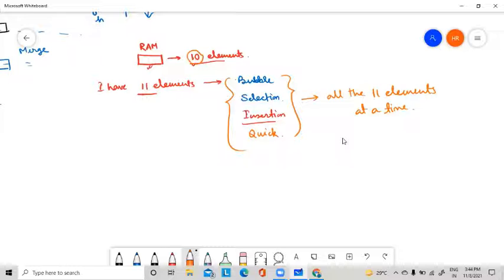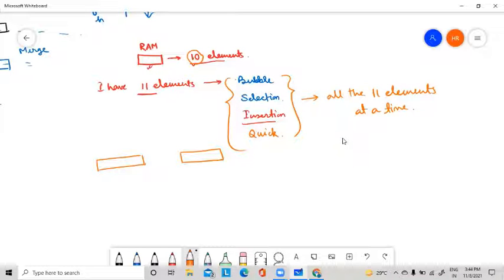So there comes the advantage of merge sort. So what we will do in case of merge sort? In case of merge sort, the operation is very simple. I have already shown you that there are two arrays like this.